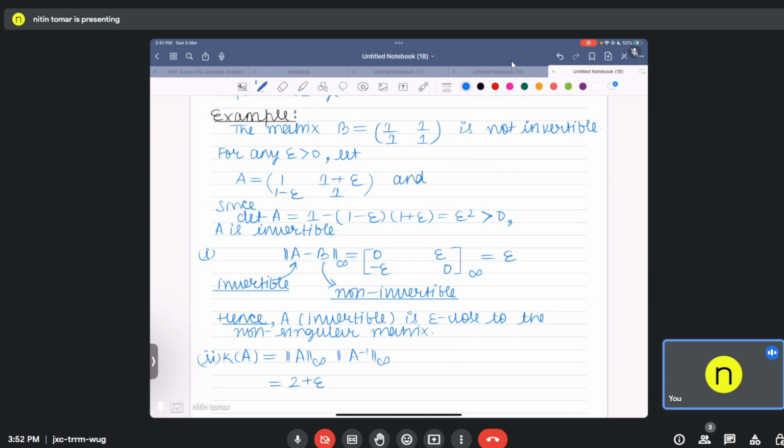What will be A inverse? 1 by epsilon square. You divide by the determinant, which will be epsilon minus 2, right? You change the entries on the diagonal and do a sign change on the off diagonal.